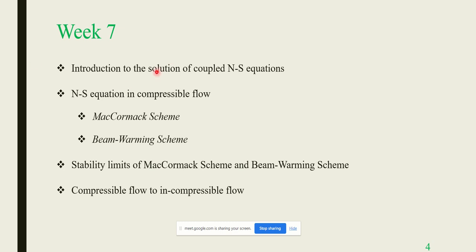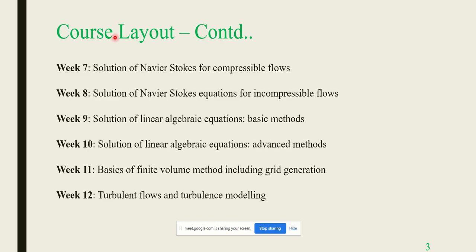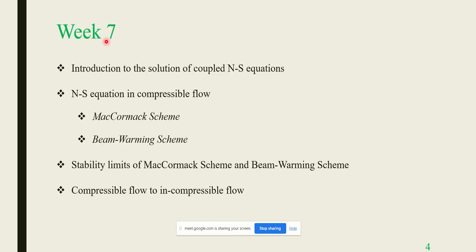So in week 7, on the topic of solution of Navier-Stokes problems for compressible flows, the main thing was the introduction to the solution of coupled Navier-Stokes equations, and in that two main schemes were focused on, the McCormack scheme and the Beam-Warming scheme.